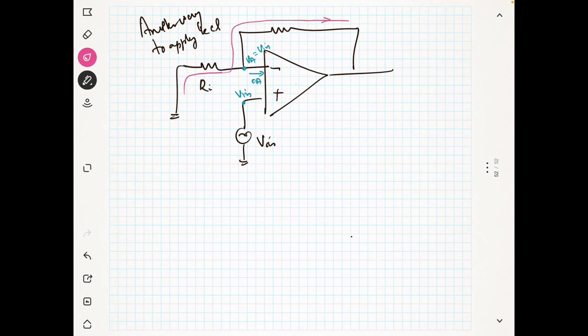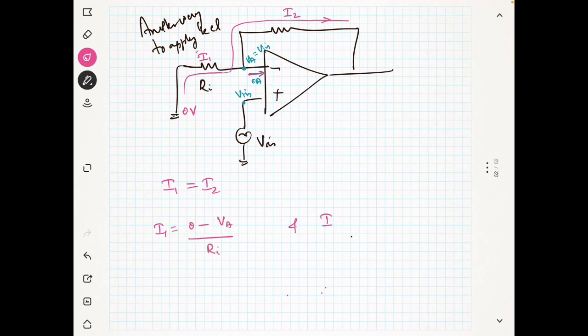Let's say this is I1 and this current is I2. Since there is no current on this side, I1 will be equal to I2, right? And what is I1? This is 0 volt and this is VA, so I1 is equal to 0 minus VA divided by Ri.